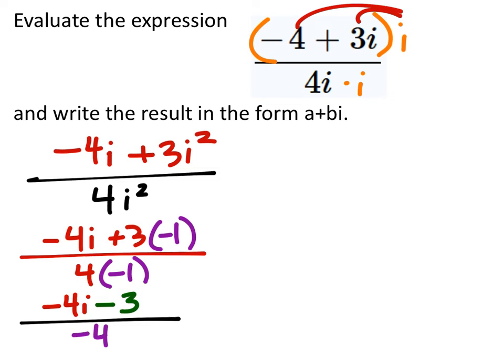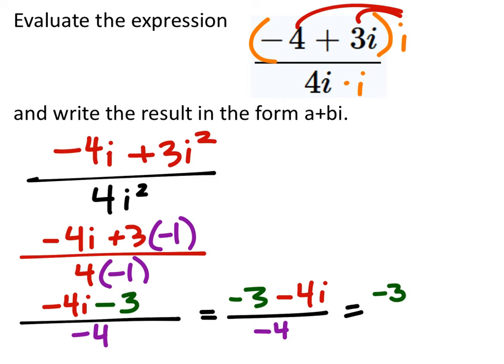In that numerator, we can switch that around. And if I remember right, in the homework, they want you guys to separate these, okay? So what I mean by that is, instead of making one gigantic fraction like we have right there, we're going to make two smaller fractions. So this now becomes negative 3 over negative 4. We'll evaluate that in a moment. And then we're going to subtract that 4i also over negative 4.